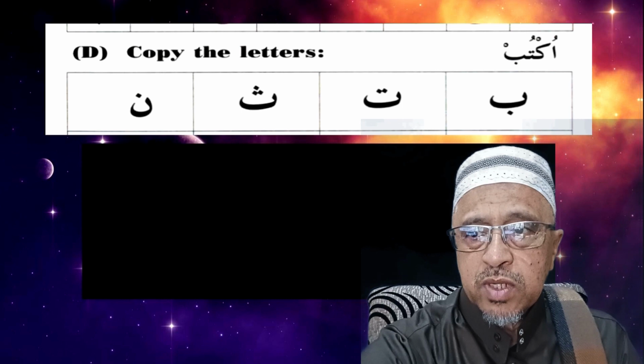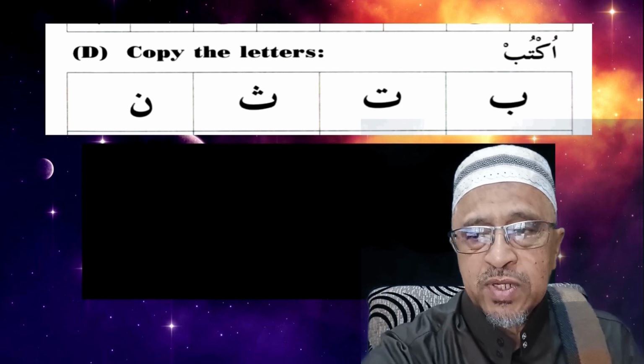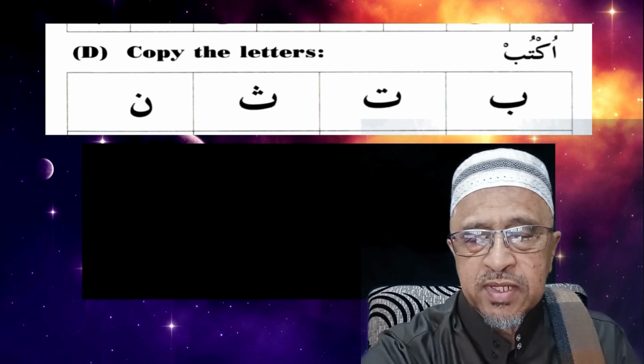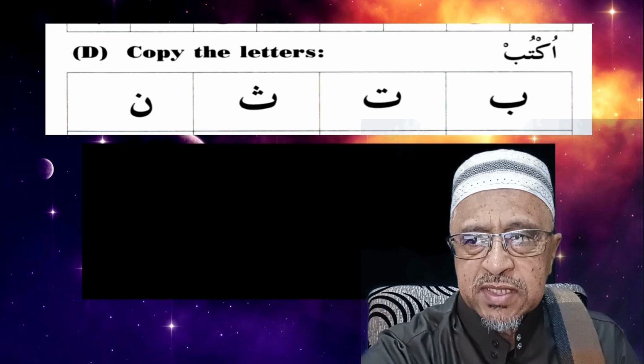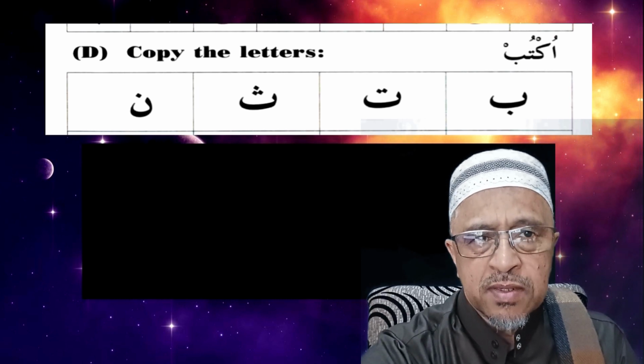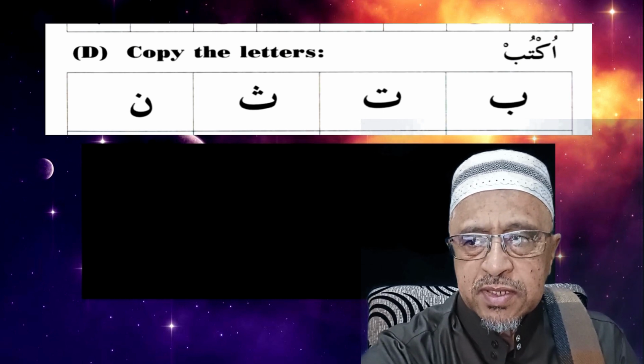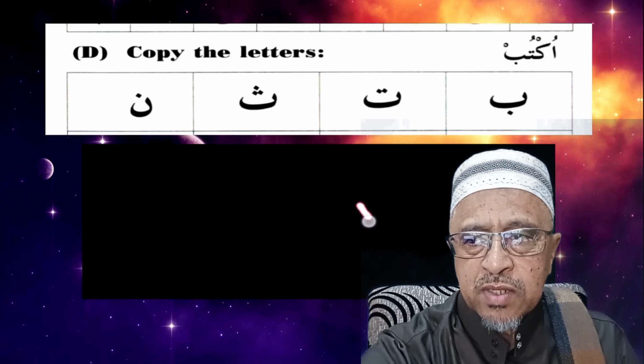So now we're looking at a few letters, and it says copy the letters. اكتب. In other words, write the letters. And the first letter is what? The B. So let's write. This is how we write B, with a dot at the bottom.